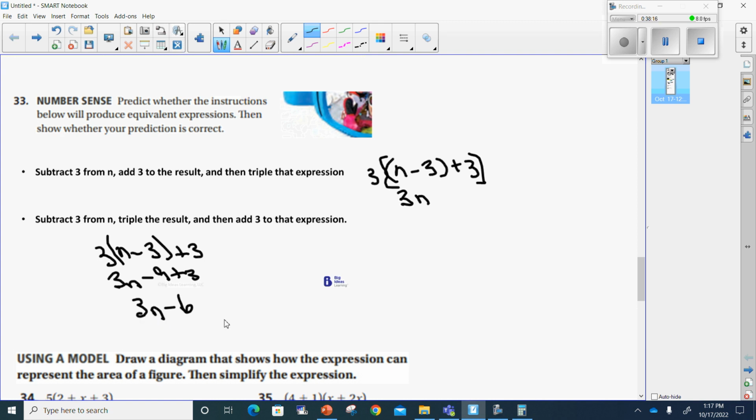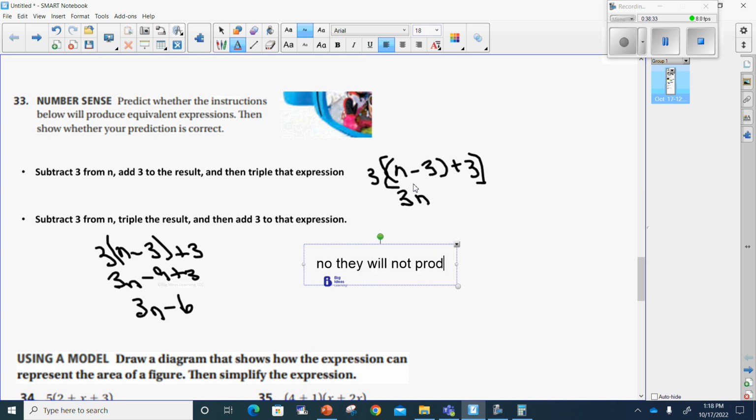And 3n minus 6 is not the same as 3n. So, predict whether the instructions will produce equivalent expressions? No, they will not produce equivalent expressions.